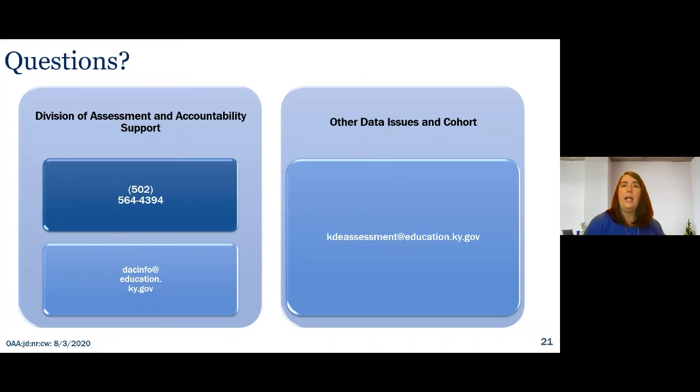And if you have any data issues or any questions specific about cohort with your students, you can send it to the Katie assessment box. That is our data folks in our Office of Assessment and Accountability, and they'd be more than glad to work with you on any questions you have about the data being presented in SDRR.